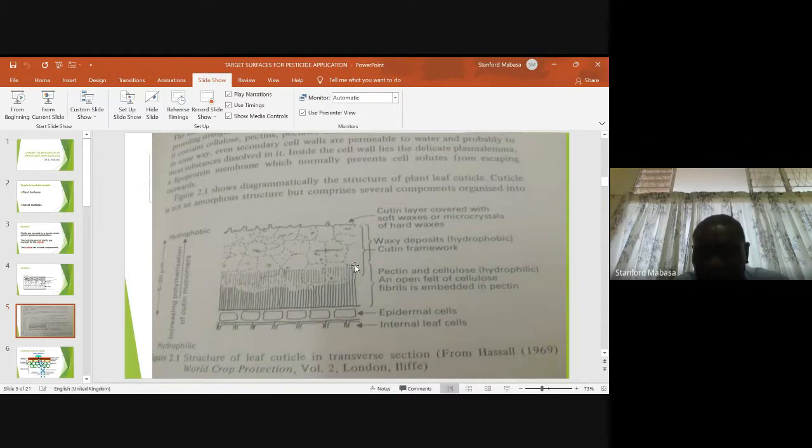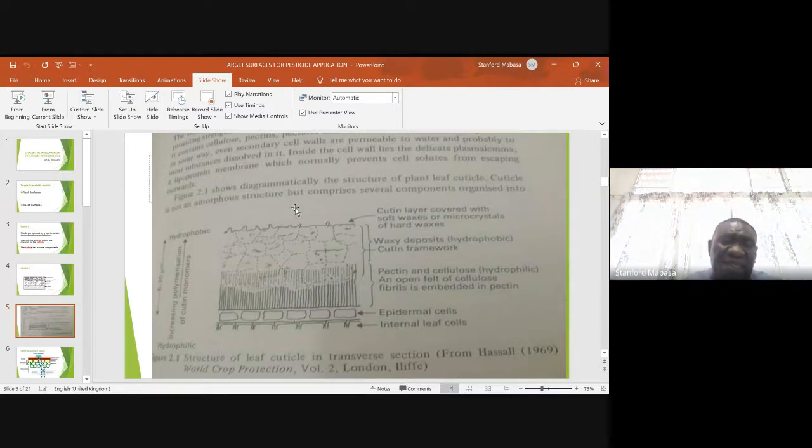And after cutin, we've got pectin and the cellulose. And these are next to the epidermal cells. It's really the same diagram. The pesticide has to pass through this thick barrier to reach the living cells.